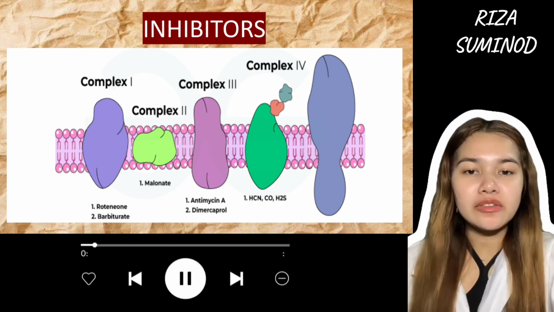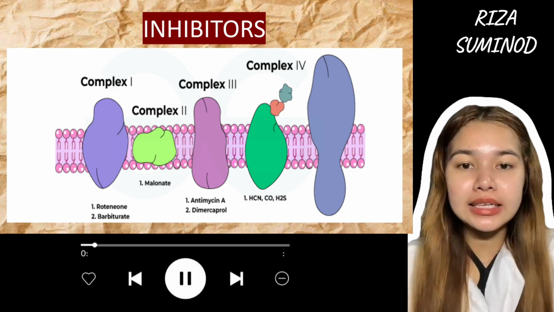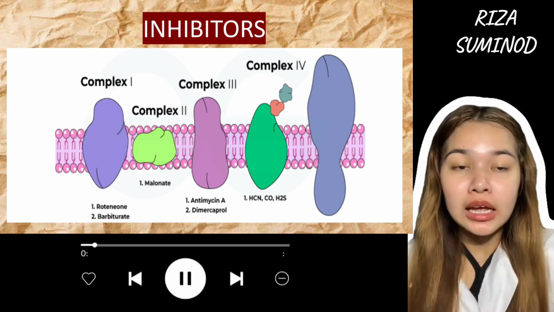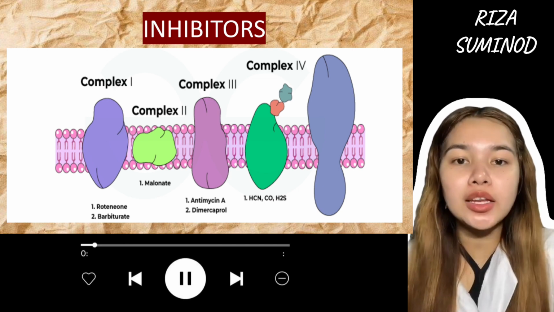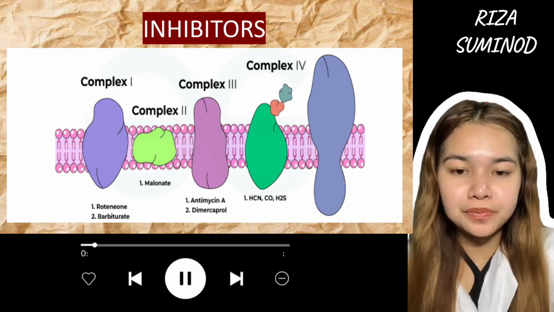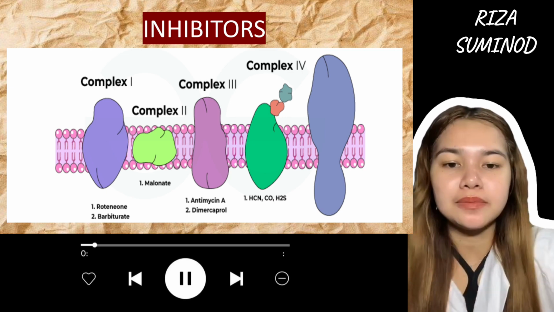Then the transport of electrons from complex 2 to coenzyme Q is inhibited by carboxin. It inhibits the flow of electrons from FAD to coenzyme Q. Malonate is a competitive inhibitor of succinate.